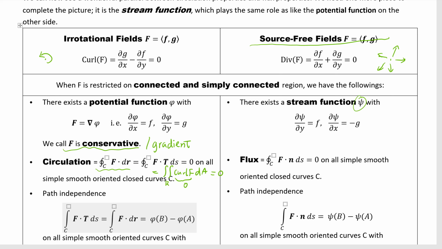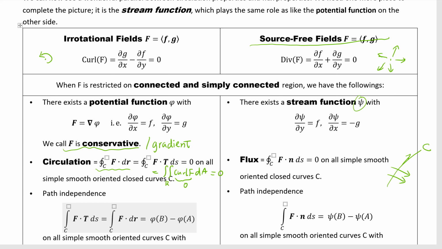Corresponding to the divergence, we have the flux. The flux measures how much the vector field is going across the curve. So this is C, and we want to measure how much vector field goes across C. And the flux is going to be 0. Why is that? This is by Green's theorem.